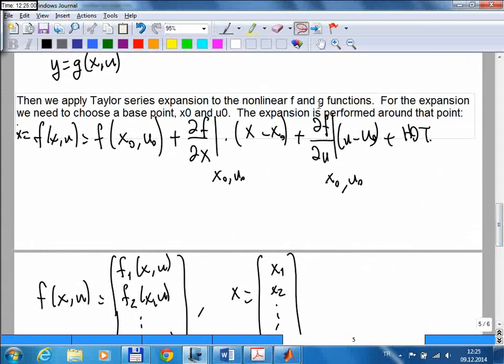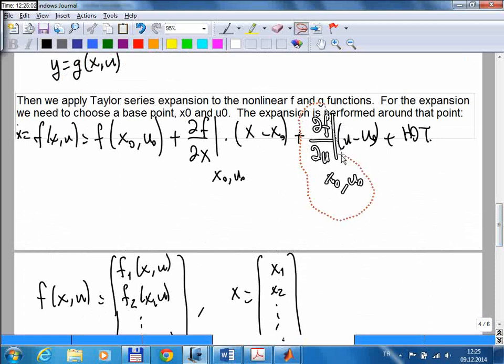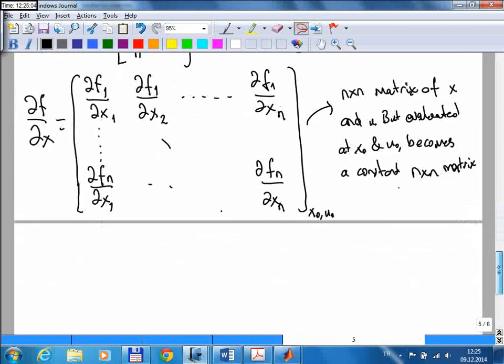We have a similar situation for this derivative term, del f by del u.